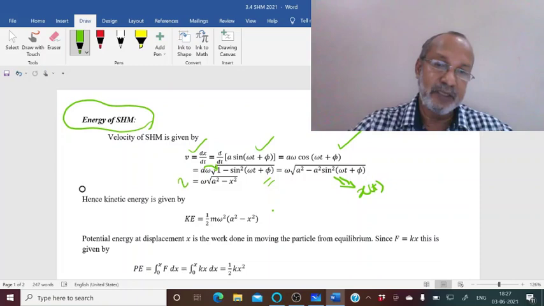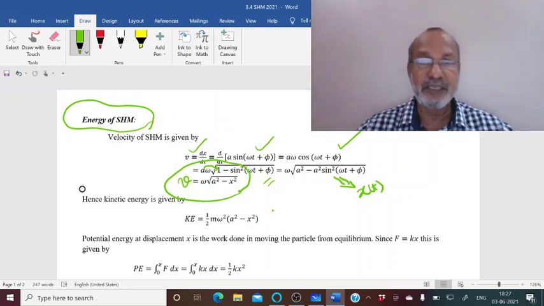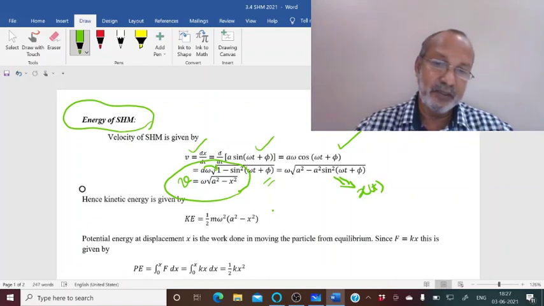So we get velocity is equal to omega into root of a square minus x square. This we have obtained already during the derivation of displacement of SHM from the fundamental equation or the differential equation, and the kinetic energy is half mv square. So this is the expression for kinetic energy.